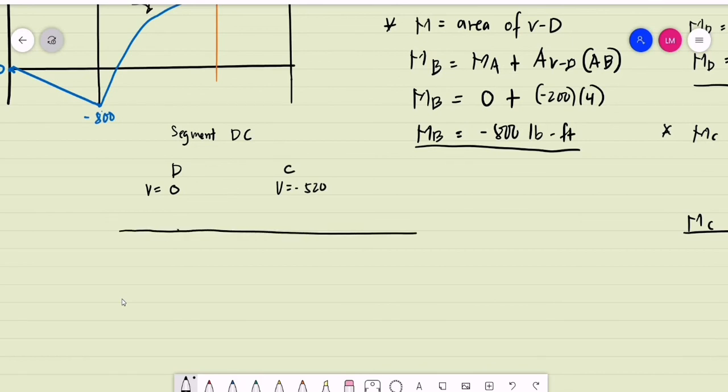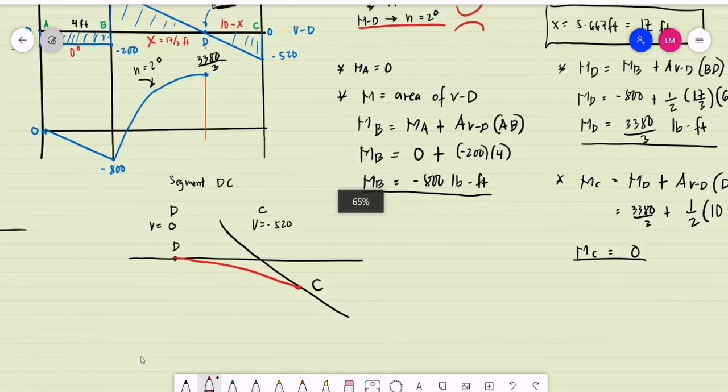Let's say this is point D. Then at C, we have a negative slope. A negative slope is a tangent line that is downward to the right. Let's say this is our point C. How do we connect these 2 points using a curve? It is a curve that opens downward, using those 2 lines as tangent lines.